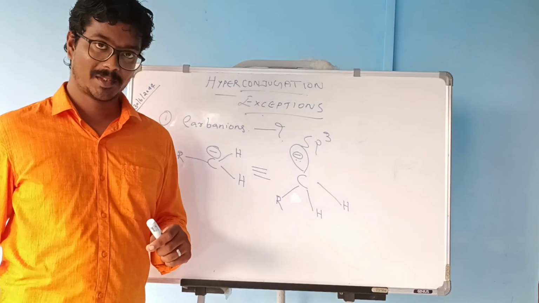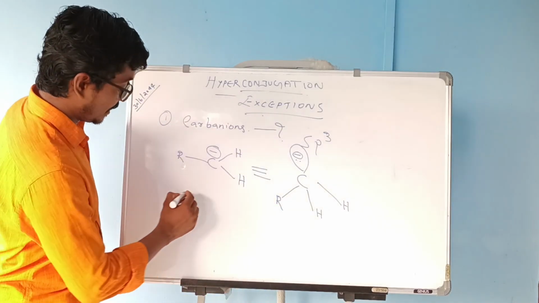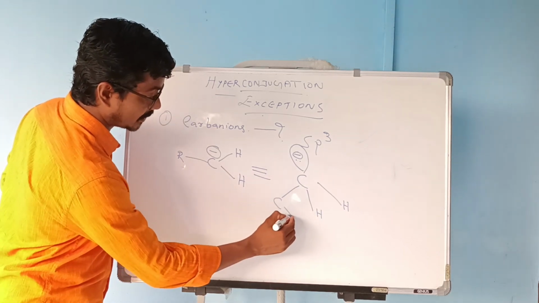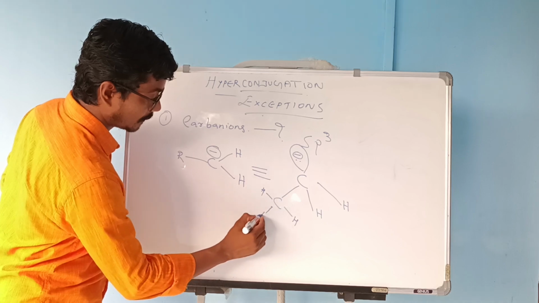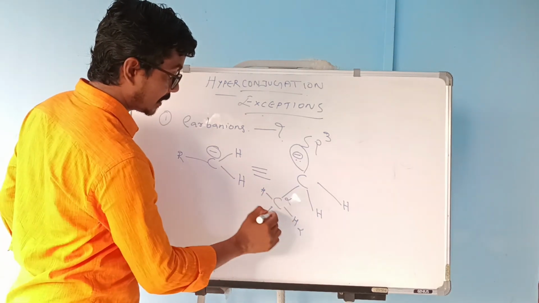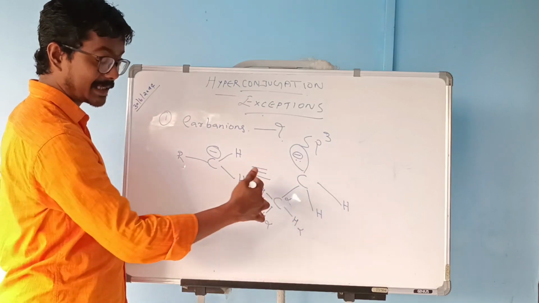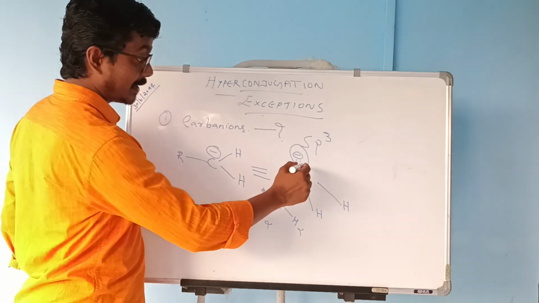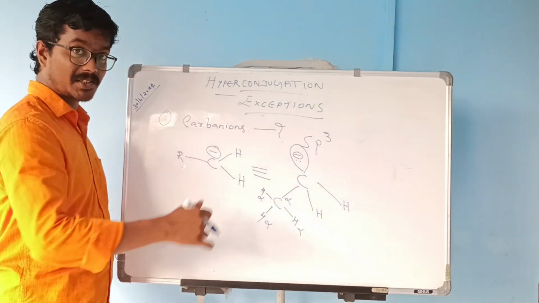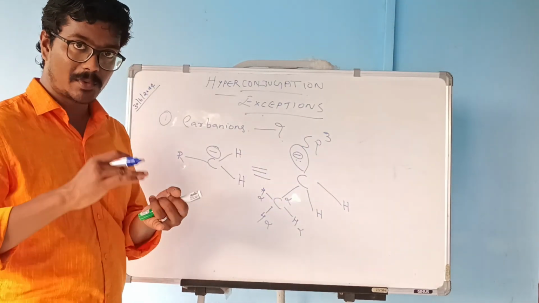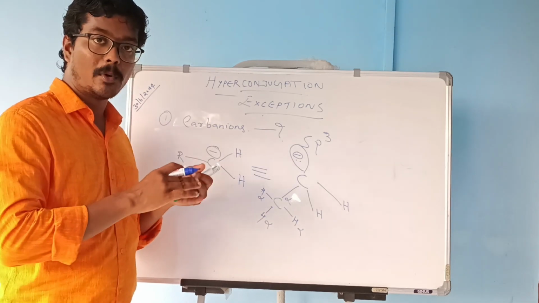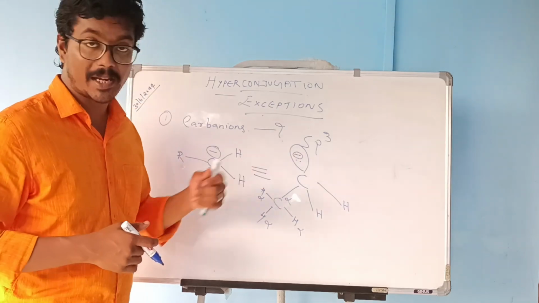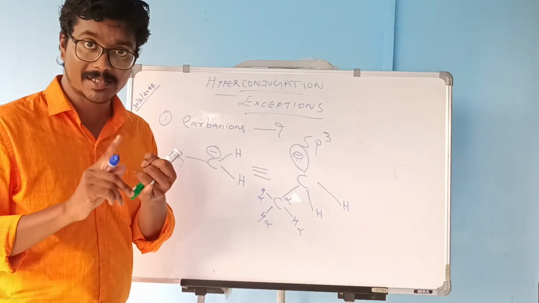Due to this structure, when an alpha hydrogen atom is there, this is an alpha carbon, these are alpha hydrogens. Let's consider this example. Due to this negative charge and the trigonal pyramidal structure, the geometry is not sufficient to enable hyperconjugative overlap between sigma bond and pi bond. That's the first reason.